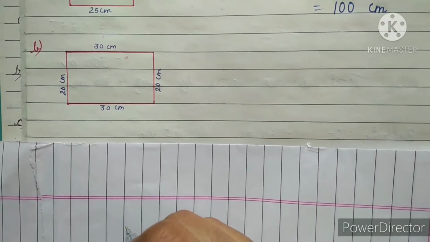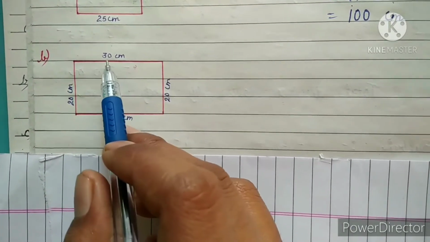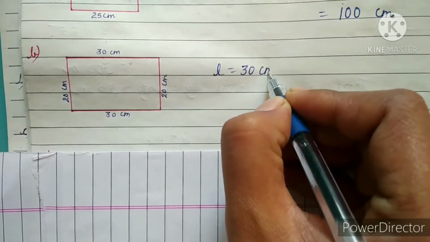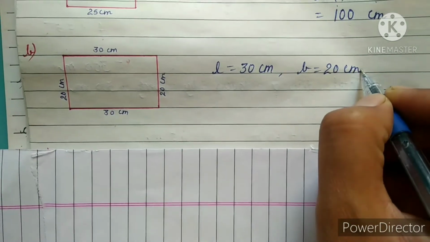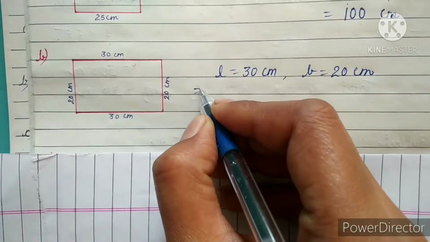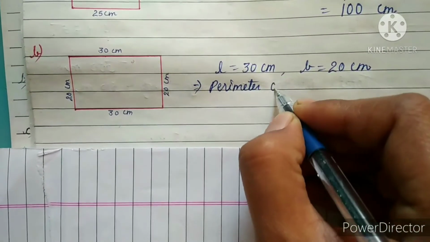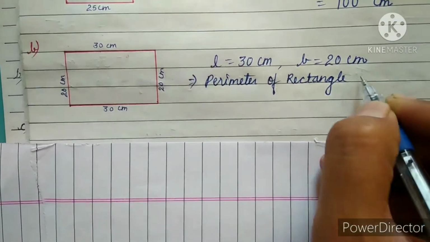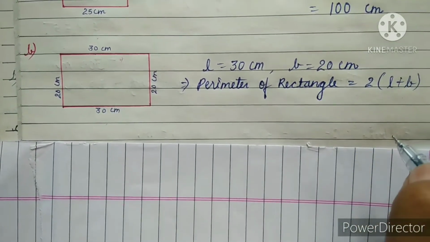Now we have the second figure, which is a rectangle whose length is 30 centimeter and breadth is 20 centimeter. Here we will apply the formula of perimeter of a rectangle, which is 2 into length plus breadth.